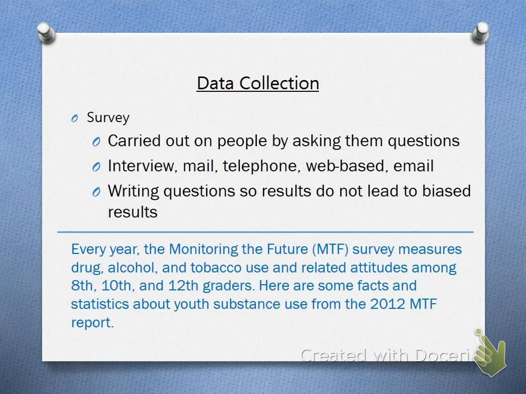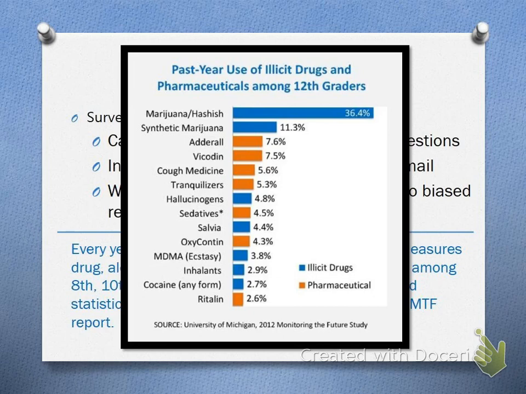So here are some facts and statistics about youth substance use from the 2012 MTF report. By doing that survey, we were able to find out that in terms of 2011, 36% of 12th graders use marijuana, right? That 3.8% had tried or used ecstasy, right?